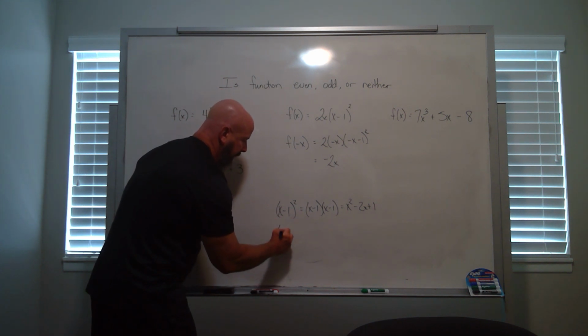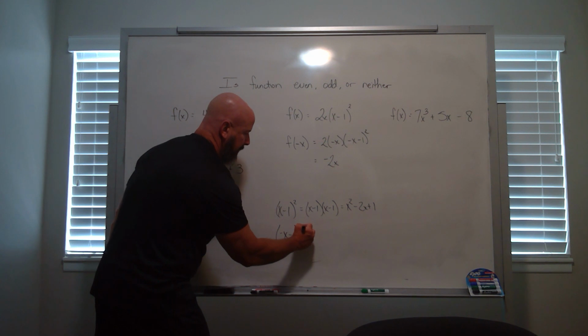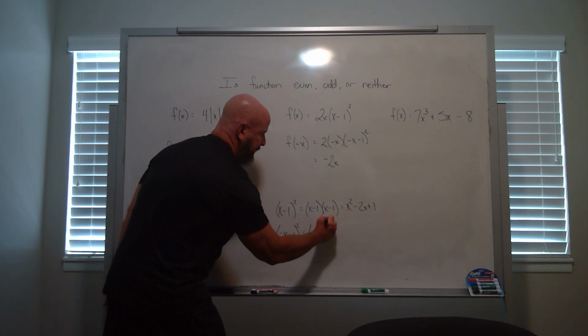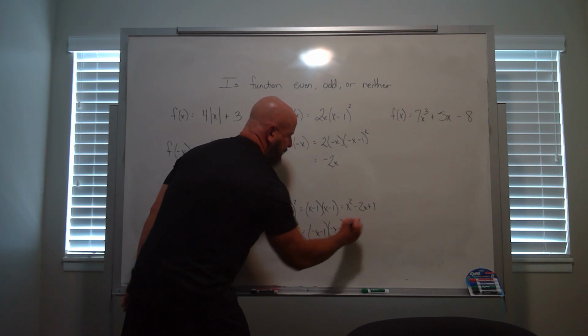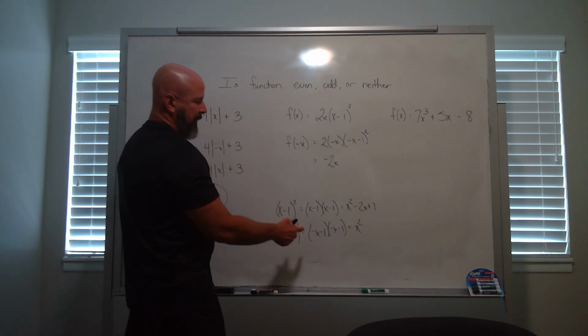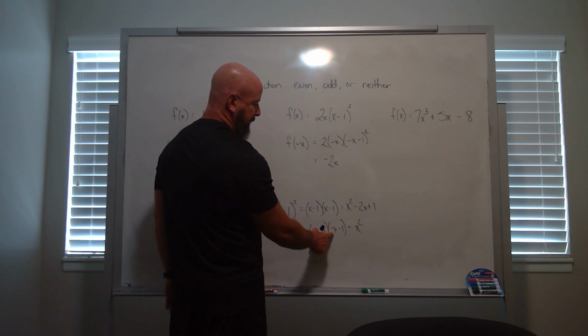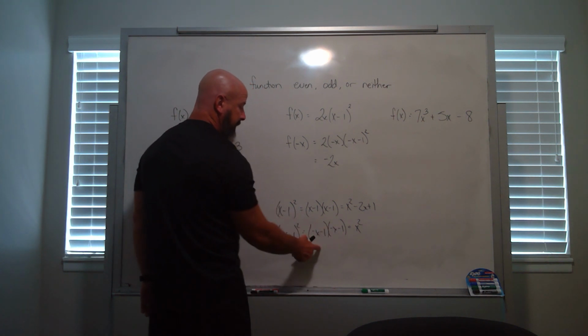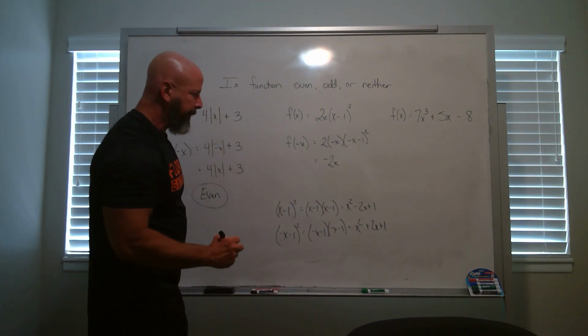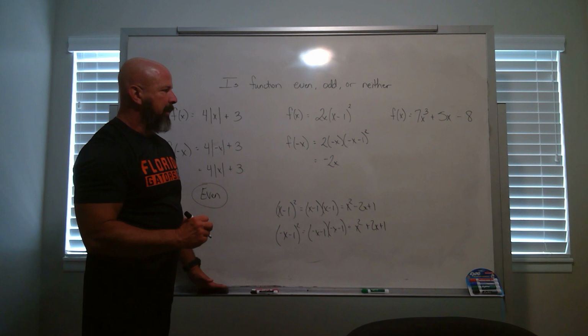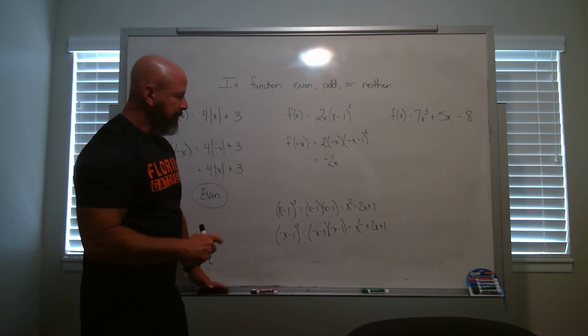If I go the other route, negative x minus 1 squared, that's negative x minus 1 times negative x minus 1: x squared, then plus x, and plus x is plus 2x, and then plus 1. That's what I'm looking at on that part.